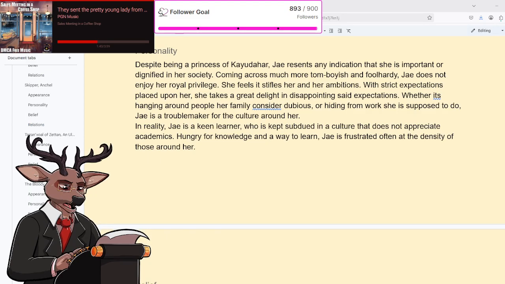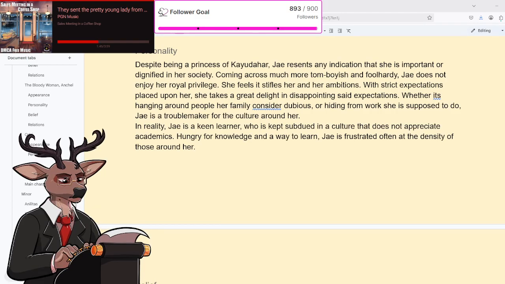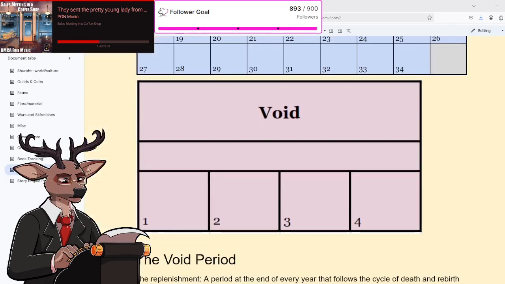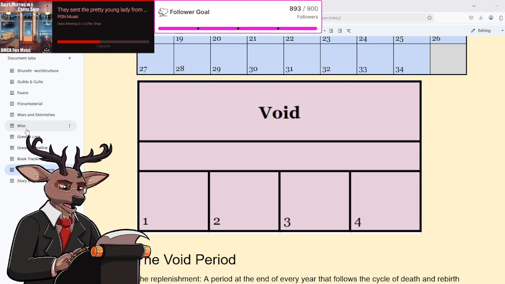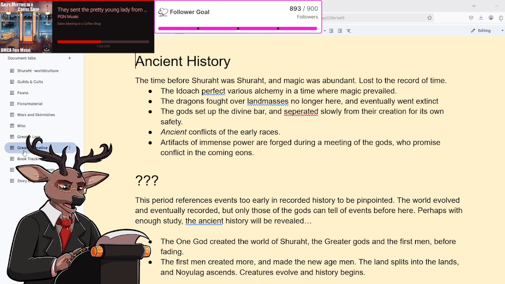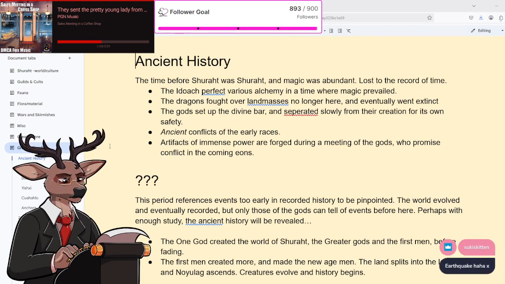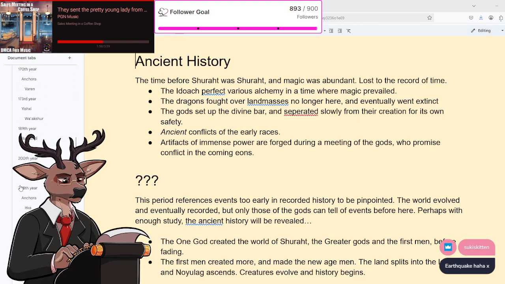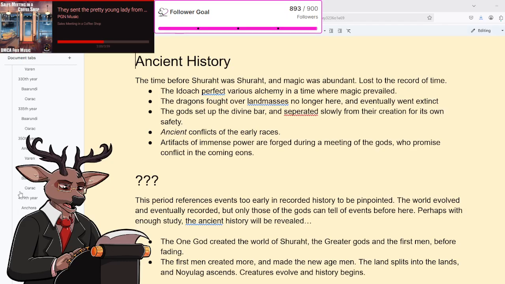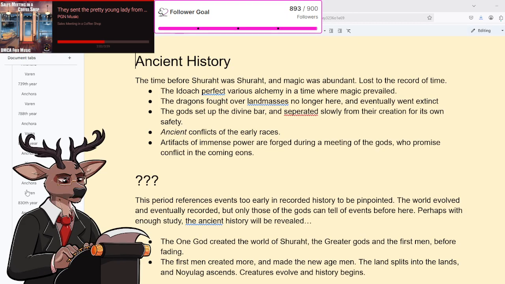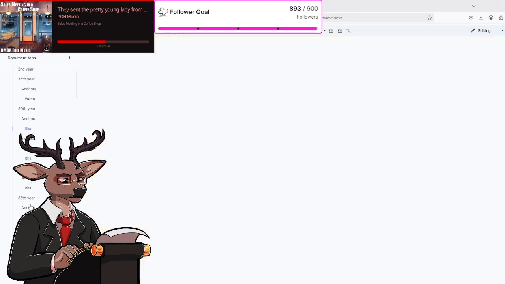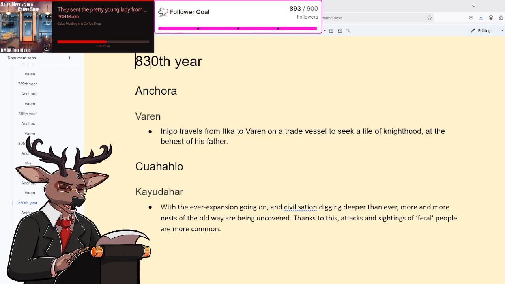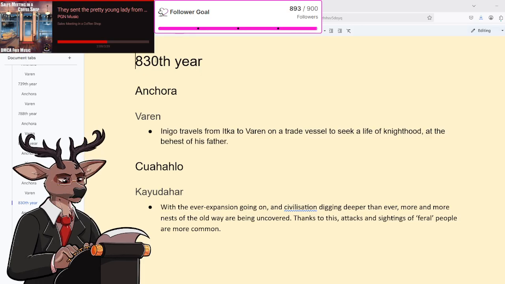I have here something just written: timeline revision. What did I want to do here? Because this is huge already.